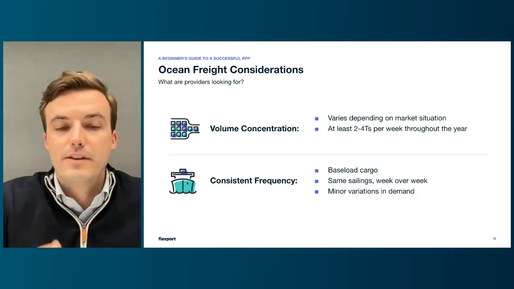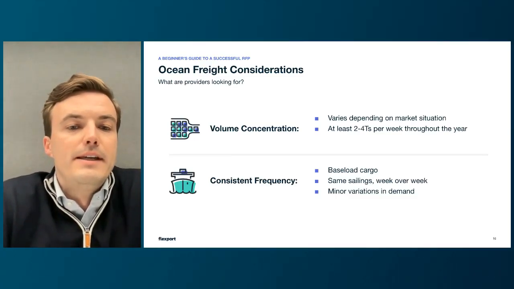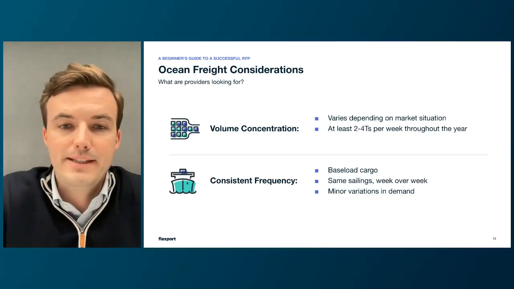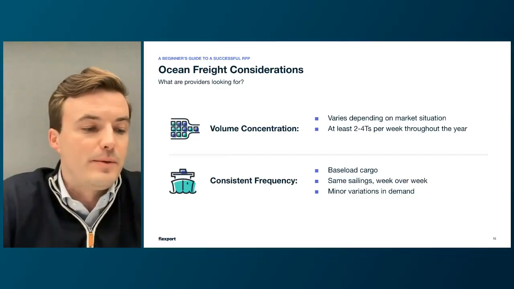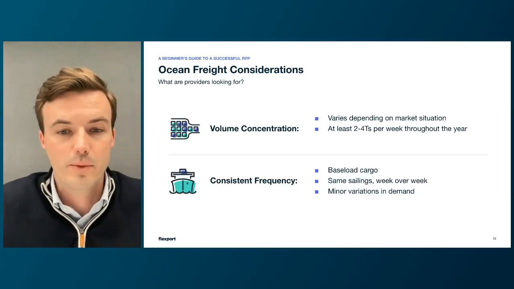The carriers have these volume requirements because they are looking for consistent base load cargo for their vessels and strings that they don't have to think about. This is the cargo that's going to show up week over week.